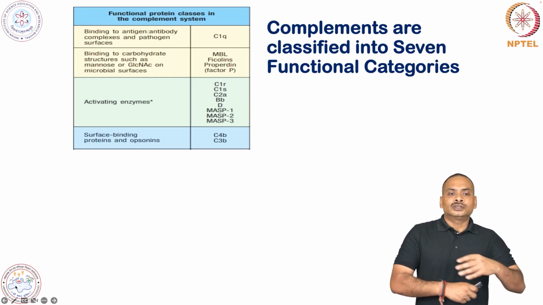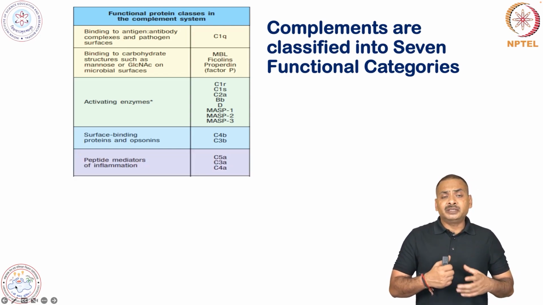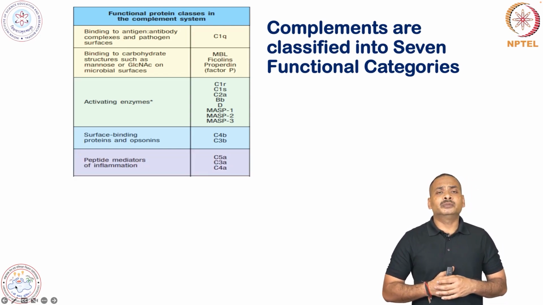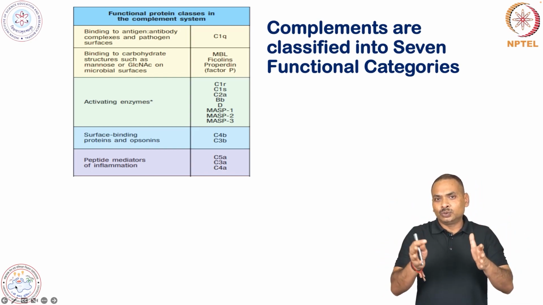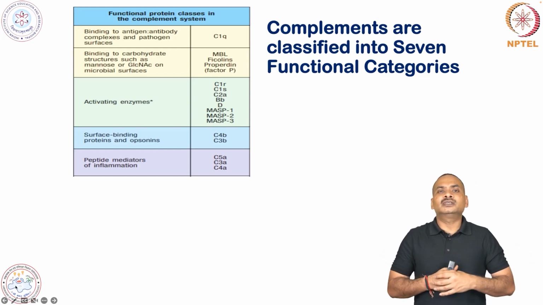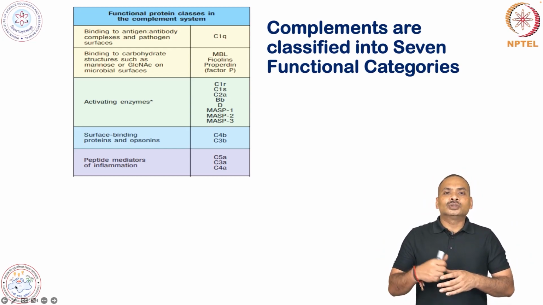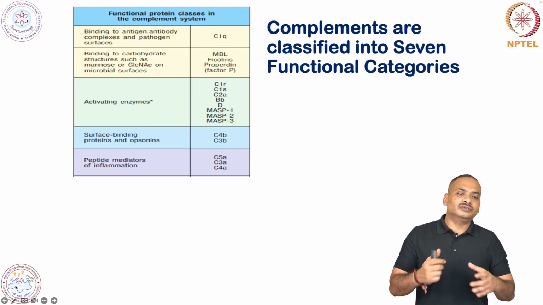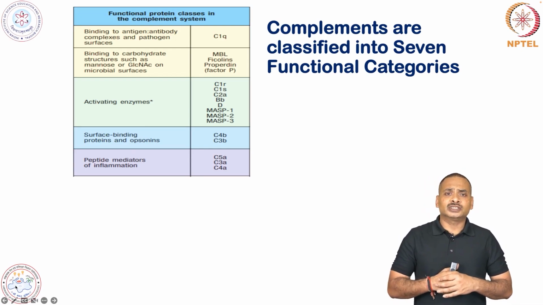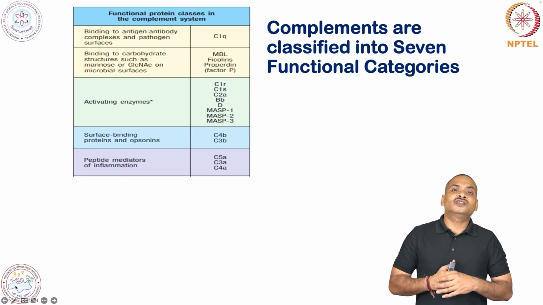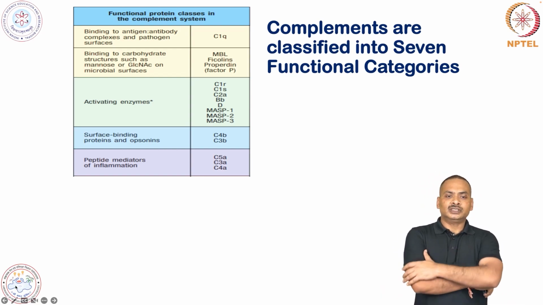Okay, so this is one category. Another is peptide mediator of inflammation. I told you the complement breaks into 2 components and one of the components induces inflammation. So those components we call peptides which induce inflammation, that is C5a, C3a and C4a.